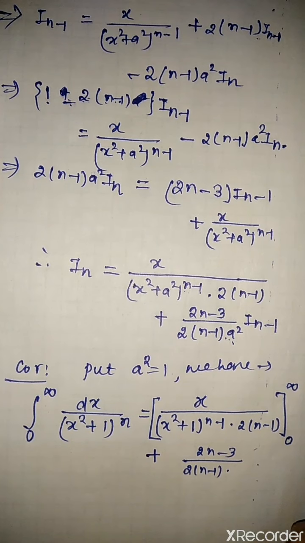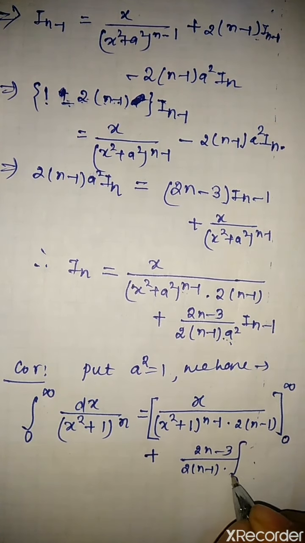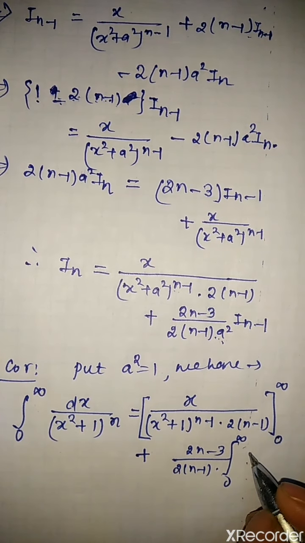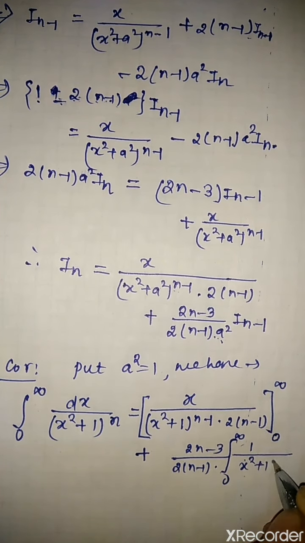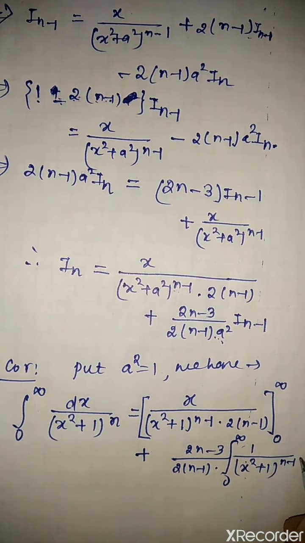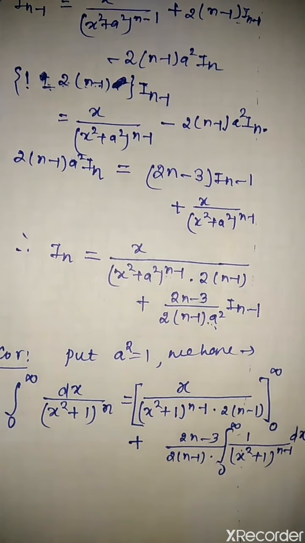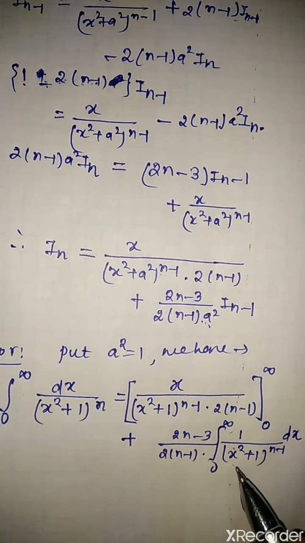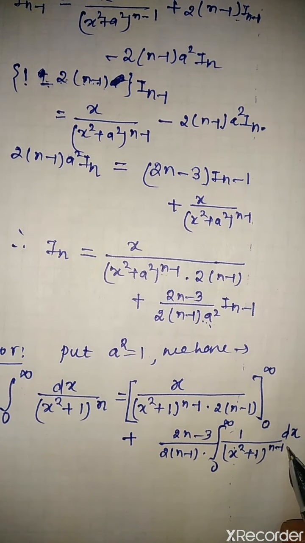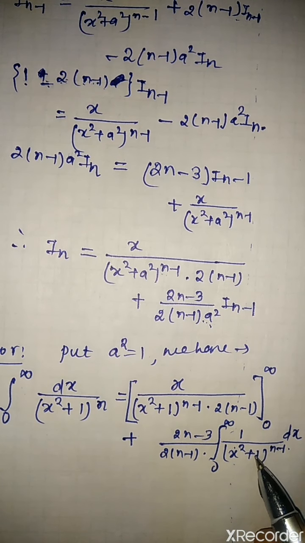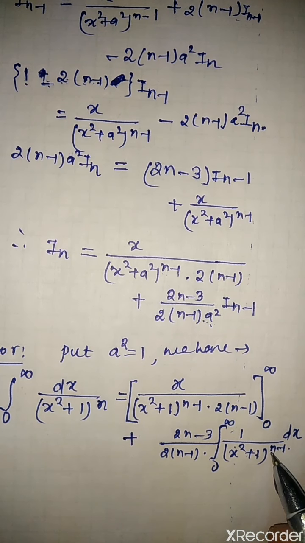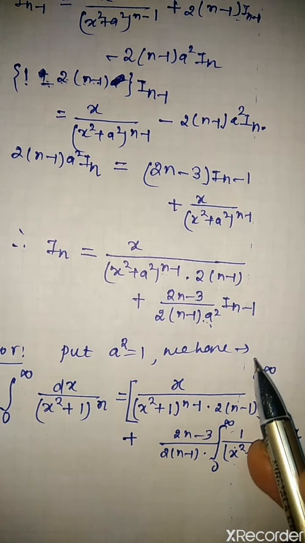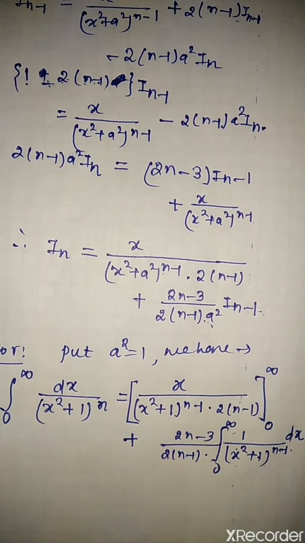So here we have the value 0 to infinity 1 by (x square plus 1) whole to the power n minus 1, and then dx. Since we are putting the value of x square plus a square, and n minus 1, that's why we have put the value of a square equals to 1. So we are left with 1 by (x square plus 1) whole to the power n minus 1 into dx, because here we have I_{n-1}.